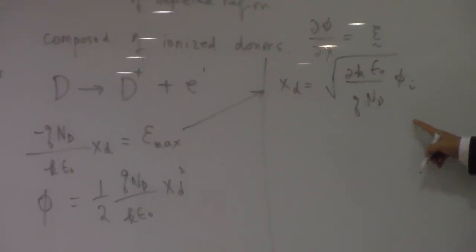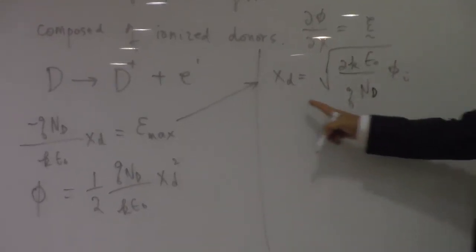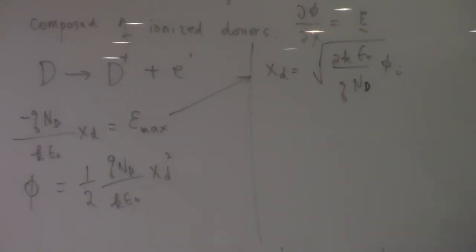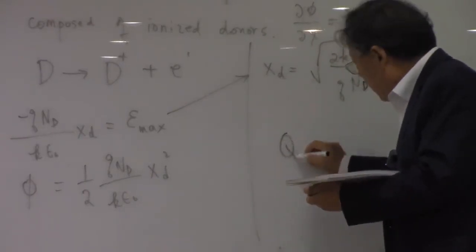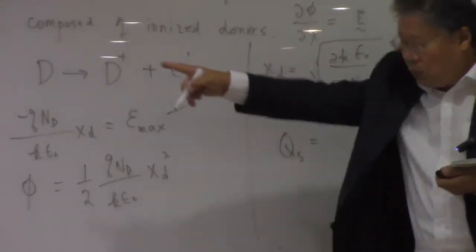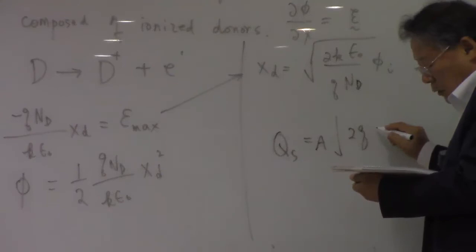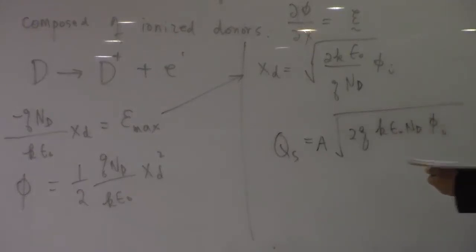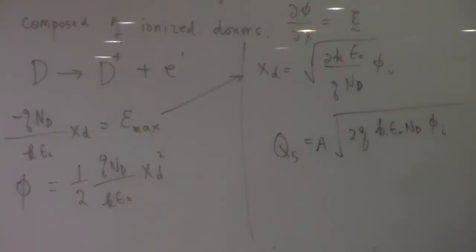The doping density, for example, we know, so we know how long the depletion width should be after we make a junction. And the charge in the semiconductor, the Q there, is going to be Q K E naught N D phi I. Okay? All these things can be calculated.